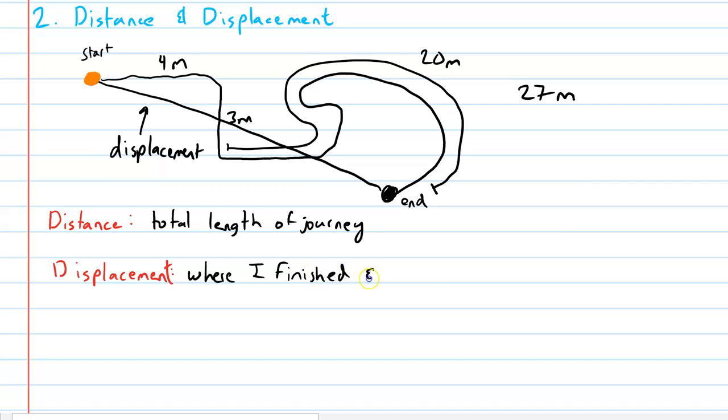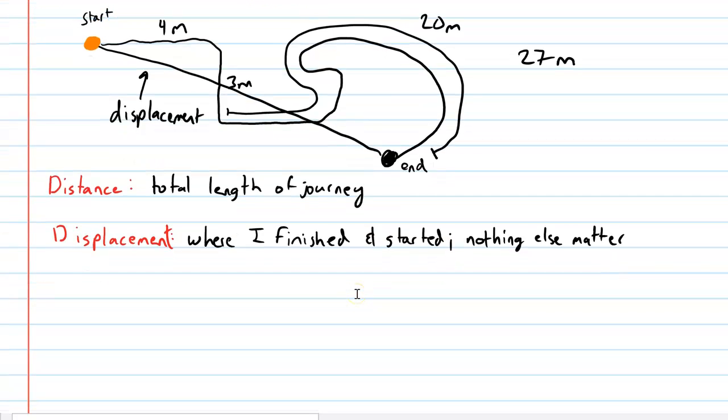Nothing else matters. I don't care about taking a left turn here and a right turn there. That's what displacement is. We'll be using displacement more often than distance, just so you know.